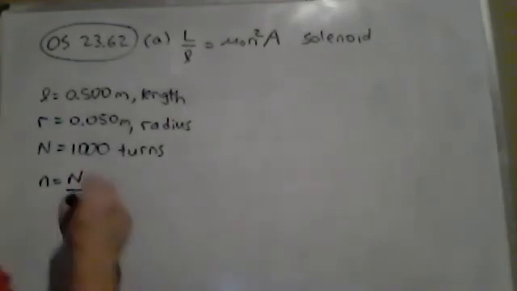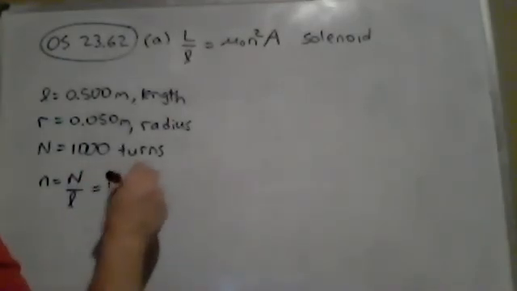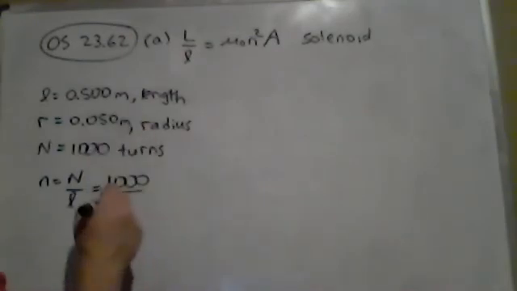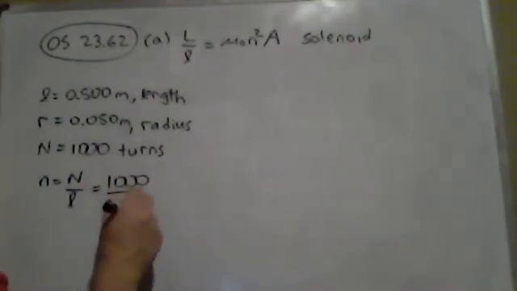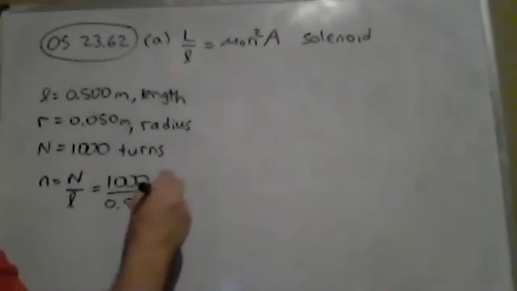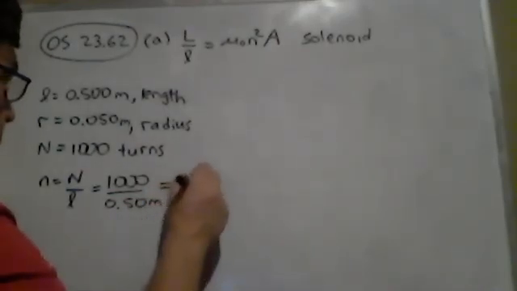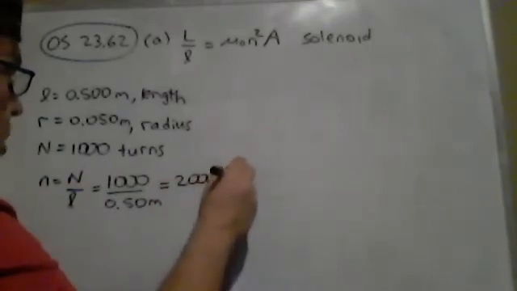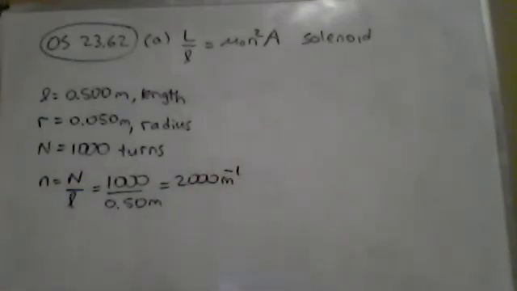So 1,000 turns in 0.50 meters gives 2,000 inverse meters, or 2,000 per meter. That is what n is.